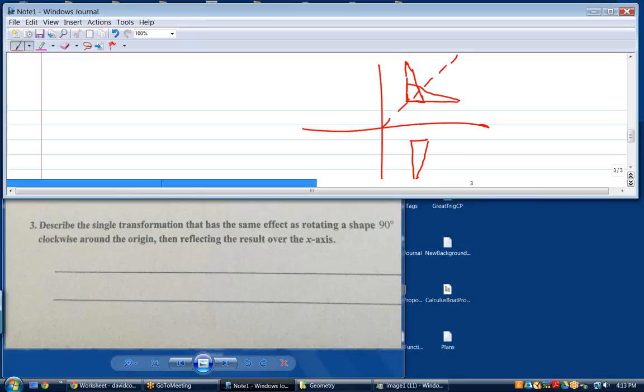In other words, this point's the same point, the way I've drawn it. This point becomes this point, and this point becomes this point here. So yes, I do believe a reflection over y equals x does it.